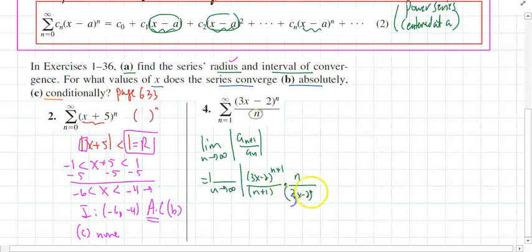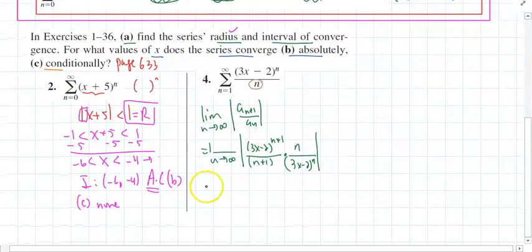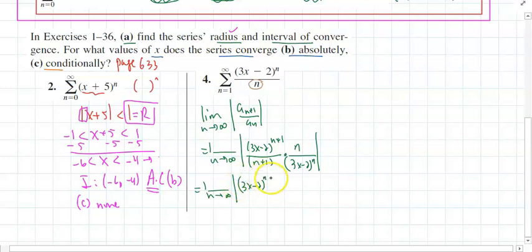And we know from the previous couple of sections, we did this over and over. This is the limit as n approaches infinity of (3x minus 2) to the n times (3x minus 2) to the 1 over (3x minus 2) to the n times n over n plus 1, and we know this cancels out. And as far as n is concerned, this is really infinity over infinity.